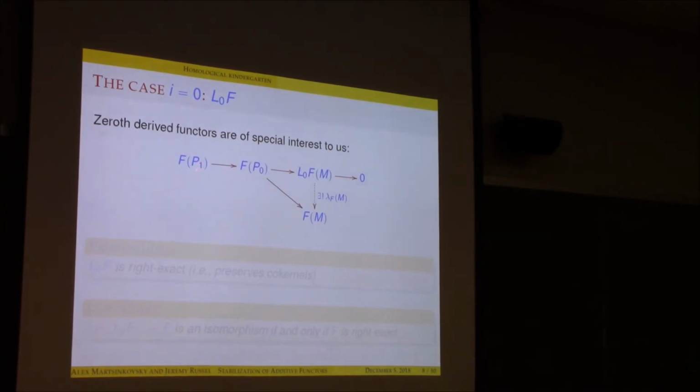Well, we have a map from P1 to P0 and then to M. And the functor is additive. The original composition is 0, so this composition will be 0 also. And now you use what you teach your students: the universal property of the cokernel gives you this natural transformation from the zeroth derived functor to the functor itself.